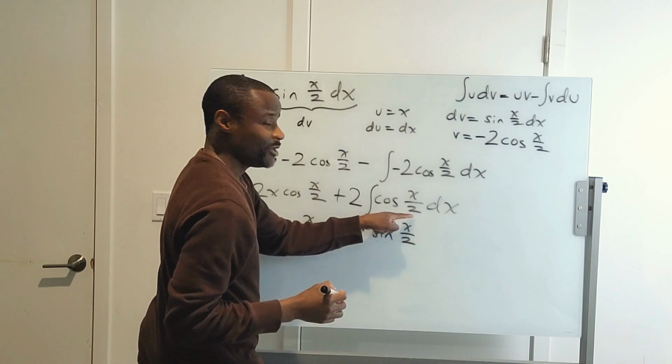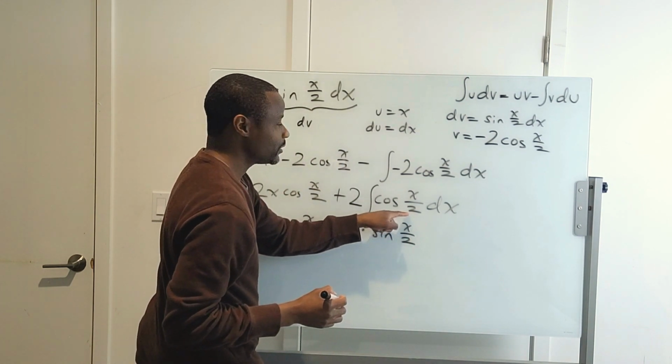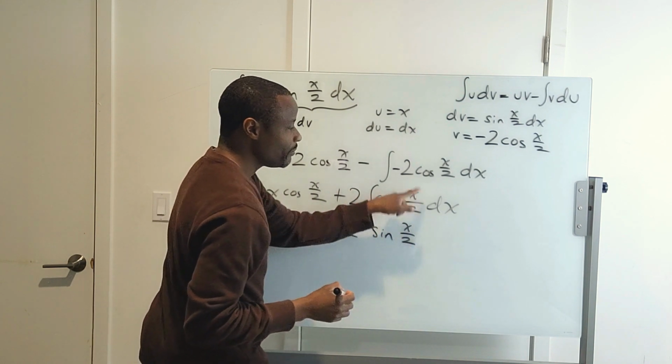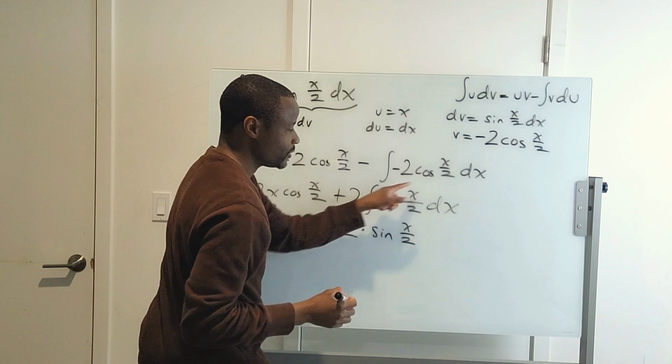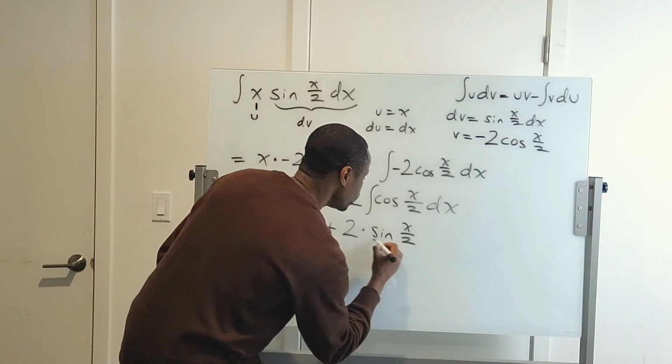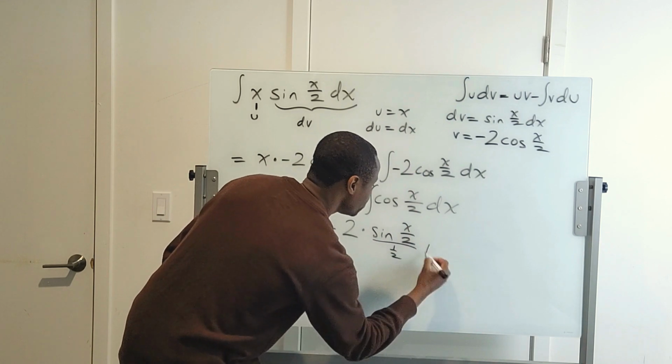Now, keep in mind, we have this half here, so we're going to divide this whole thing by the derivative of this. What's the derivative of 1/2 x? It's 1/2. So this whole thing divided by 1/2 plus c.